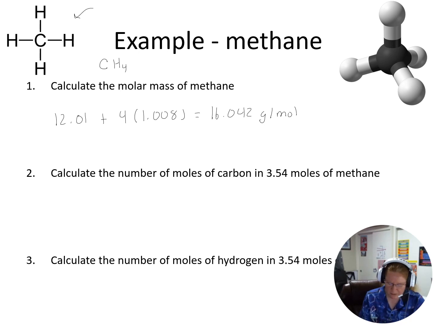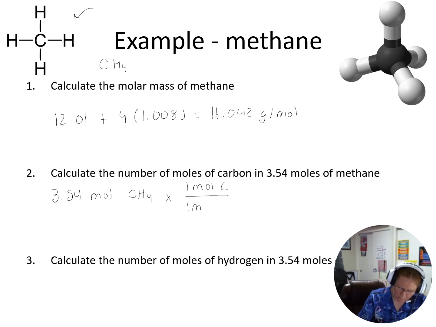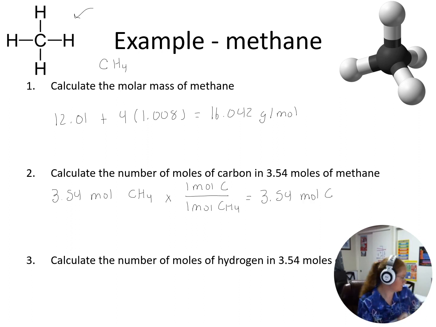Okay, so now we need number of moles of carbon in 3.54 moles of methane. So I take 3.54 moles. Okay, and then when I look at my formula, I have 1 mole of carbon for every 1 mole of methane. And so I get 3.54 moles of carbon. All right, now we can do that for hydrogen.